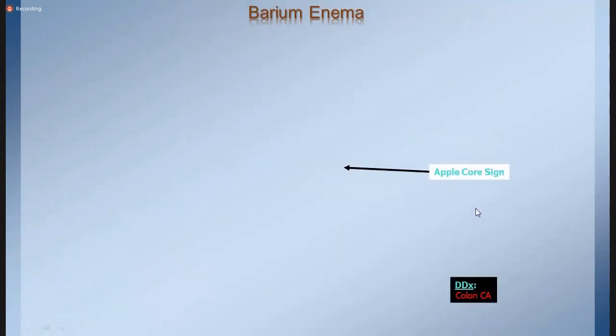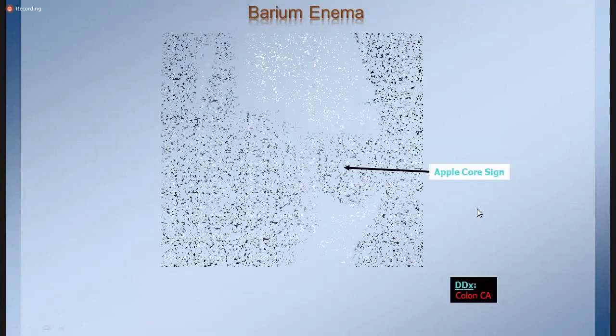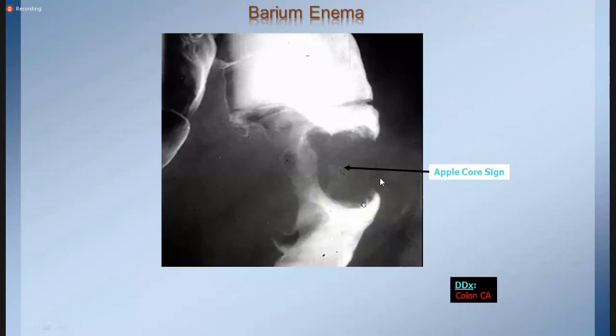So moving further, we have another example of abnormal barium enema demonstrating a large segment of luminal narrowing of the descending colon.